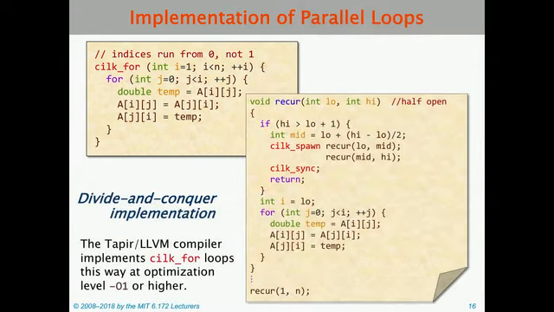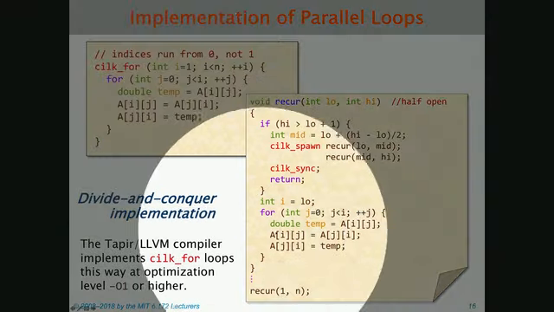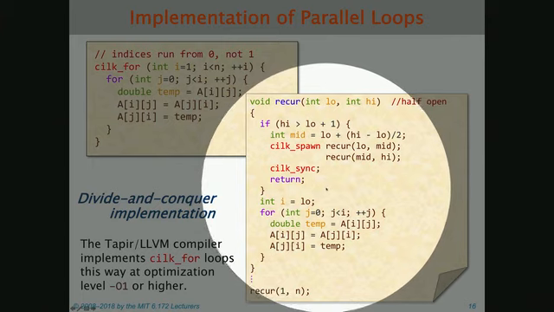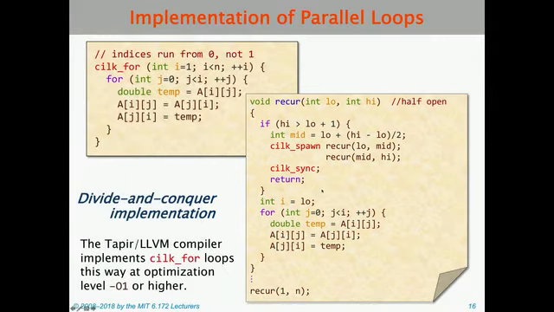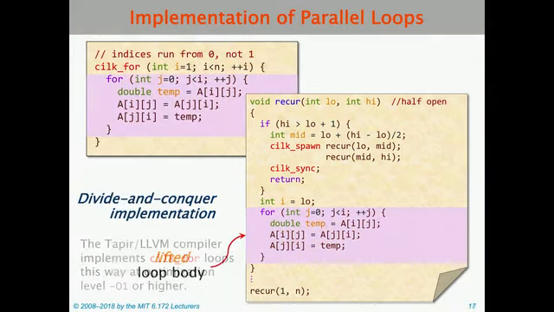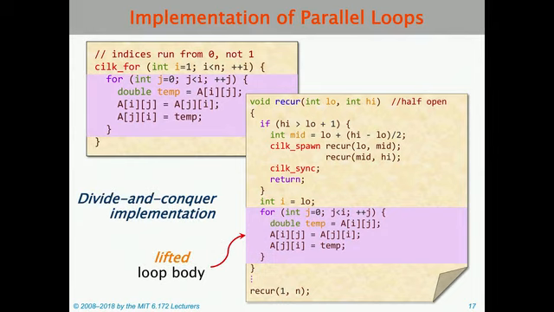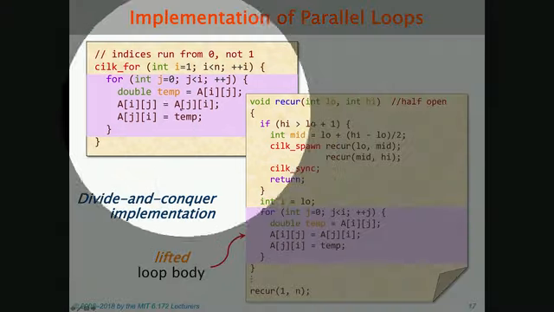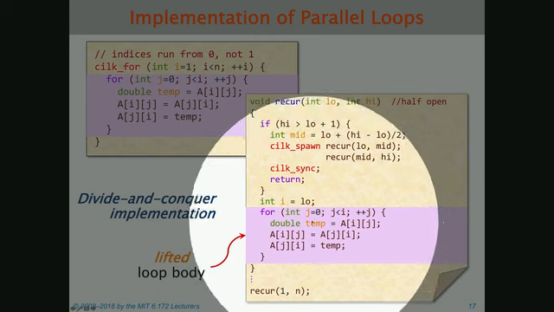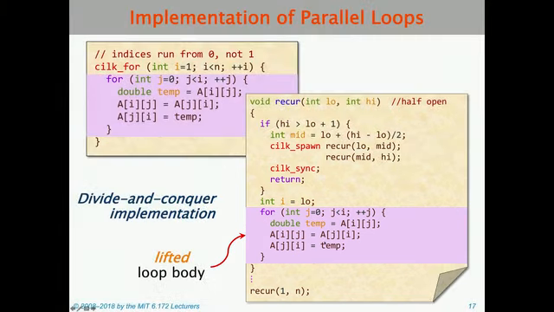And what it does is it creates this recursive program for the loop, okay? And what is this program doing? So I'm highlighting essentially this part. This is basically the loop body here, which has been lifted into this recursive program.